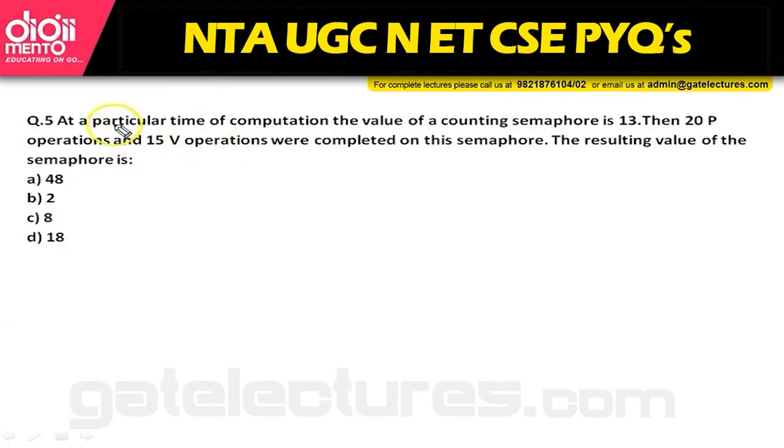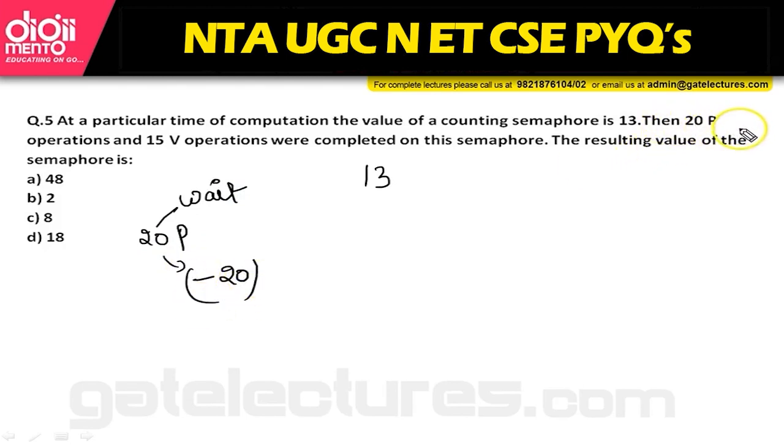So we have the next question, which says at a particular time of computation, the value of a counting semaphore is 13. Then 20 P operations, P means wait operation, and wait means minus 20, and 15 V operations, V means signal, and signal means plus 15, were completed on this semaphore.